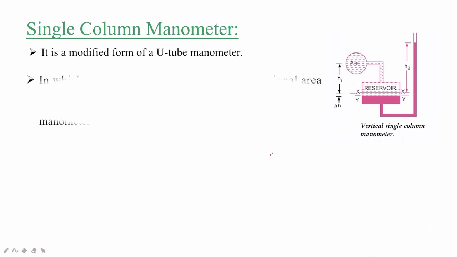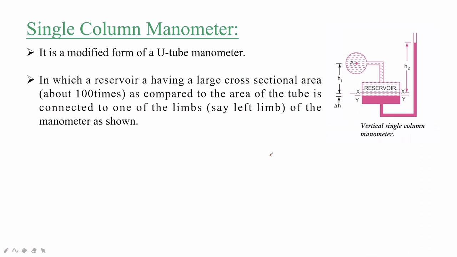It is a modified form of the U-tube manometer in which a reservoir having a large cross sectional area is connected to one of the limbs.